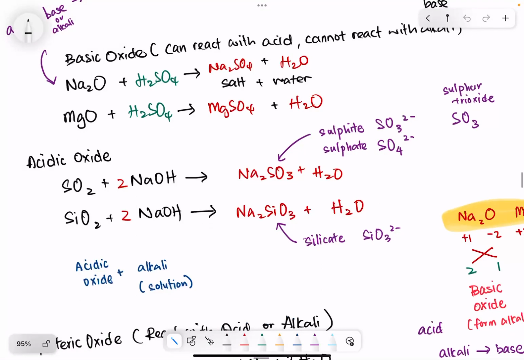As for the acidic oxide, it might be a little bit tricky, but the concept is still the same. Acid reacts with base and still gives you salt and water. Most of the time we are using sodium hydroxide as the alkali.